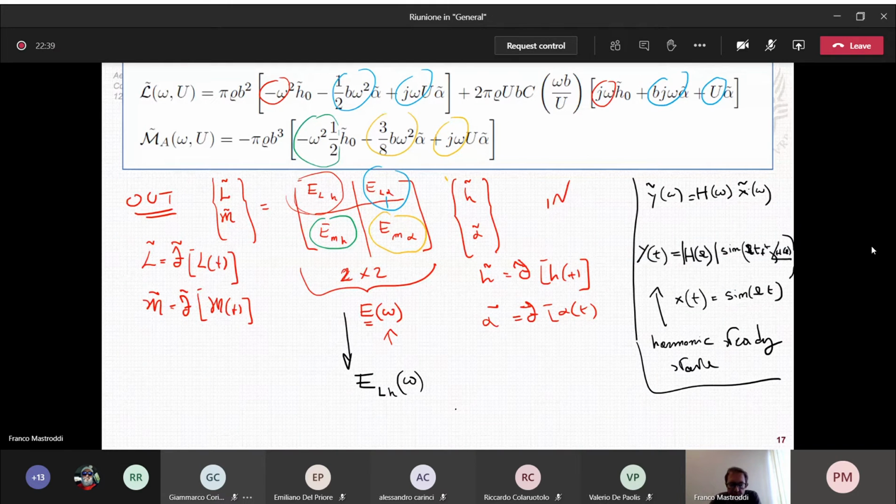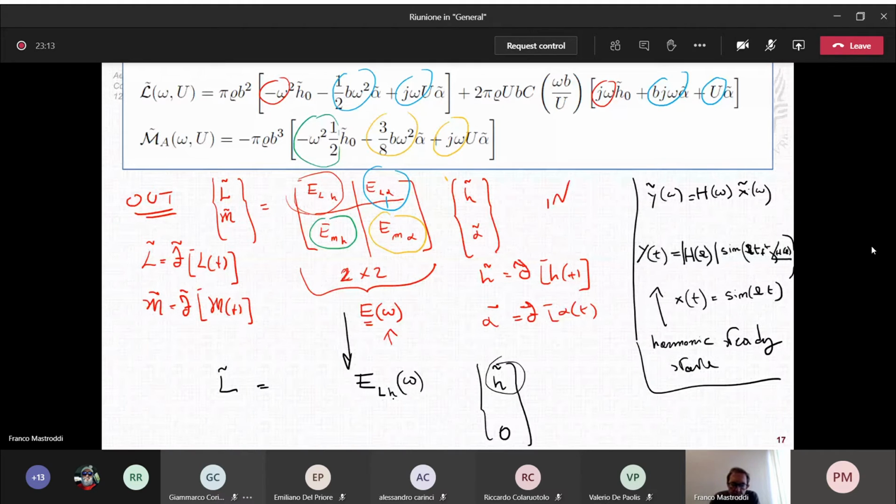You have to expect, in the case you have an input given only by H, with zero alpha, and you want to see what happens to the lift, that the lift, the output, is given by this input multiplied by E_Lh of omega, giving you L, exactly like here when you have Y and X as input.